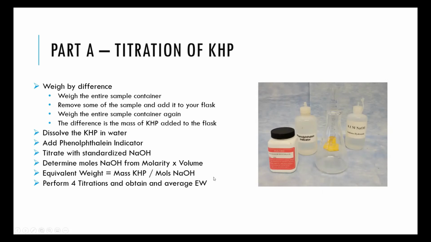You're going to do 4 titrations and obtain an average equivalent weight of those 4 values. If one of the titrations does happen to be quite off, you can tell that it was over titrated, then you should be able to do a 5th titration as well, just to make sure that your averages are more accurate.